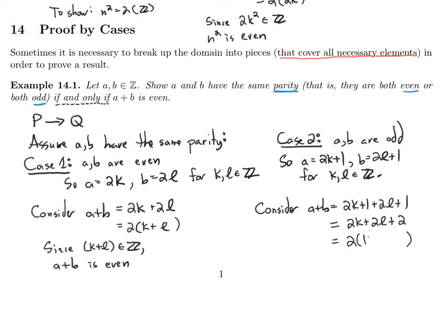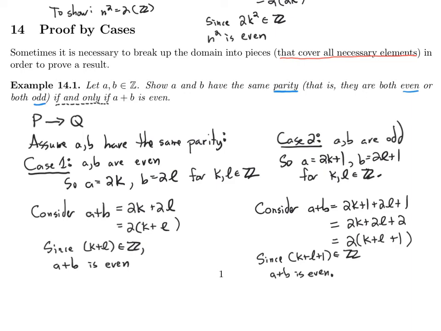Factor it out, you're left with k plus L plus 1. And then, as usual, since k plus L plus 1 is indeed an integer, we took 3 integers, k, L, and 1, added them together, we get another integer. We know that A plus B is even. There we go. That is the first direction. The first direction broke up into 2 cases.